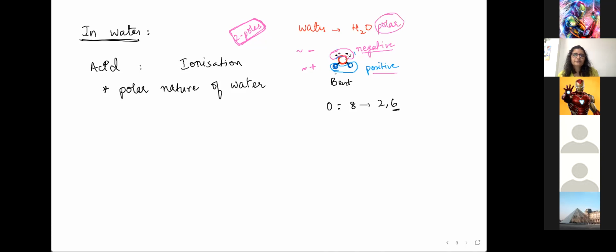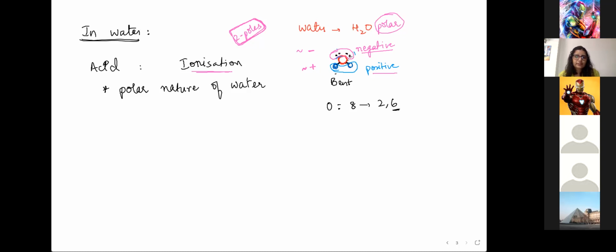Now, because of this polarity, this is the reason why acids and bases are able to ionize in it. Because water has a tiny bit of charge separation, whenever it hits an acid molecule or base molecule, it is able to separate out the ions.